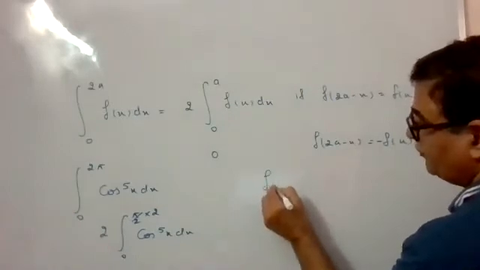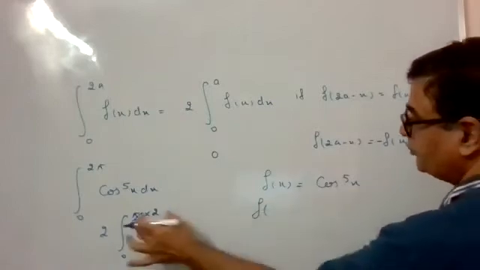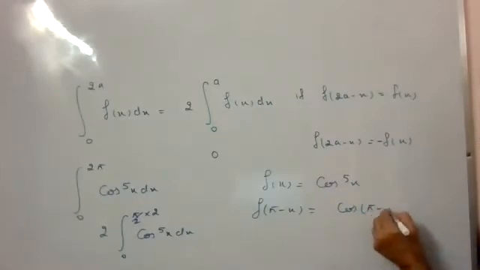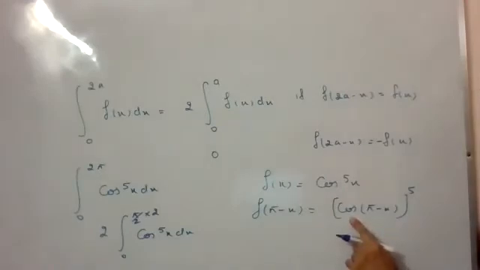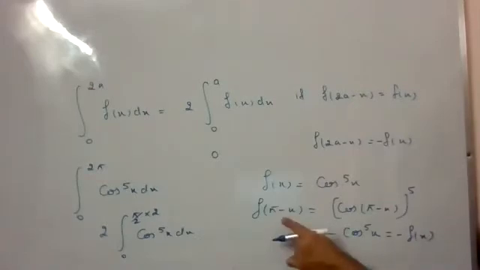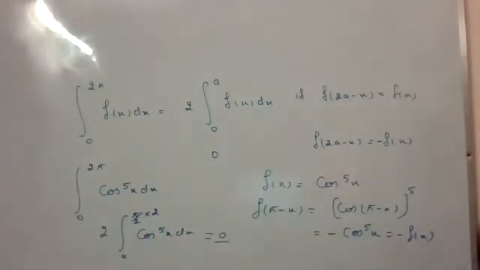Then again, if f(x) is equal to cos power 5x, then this time f of pi minus x, cos of pi minus x whole power 5, will come out to be minus cos power 5x, which is minus of f(x). And if f(2a minus x) is equal to minus f(x), then the result is clearly 0. So one time when you operate, it will become twice, but the second time it will become 0.